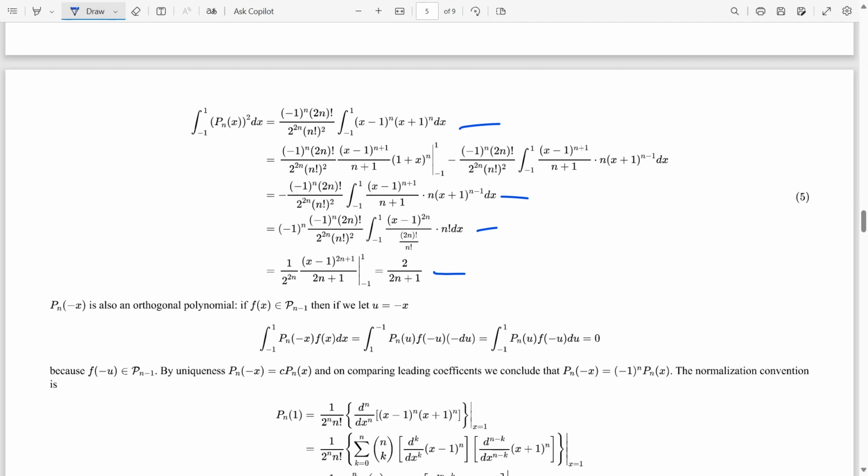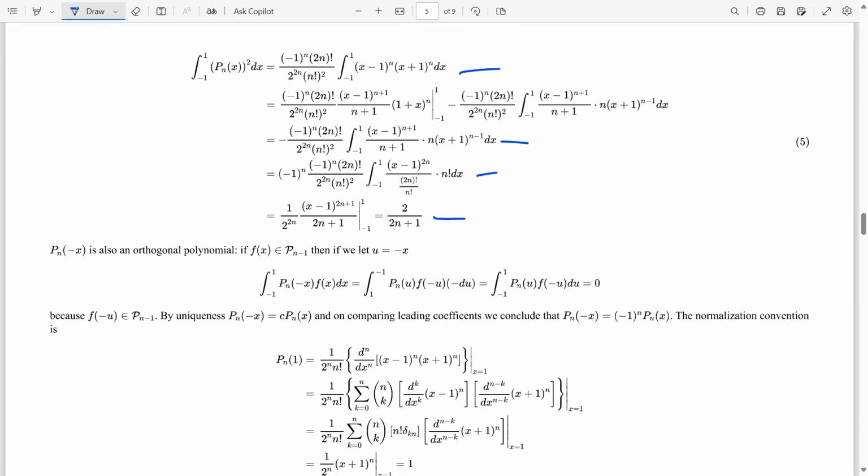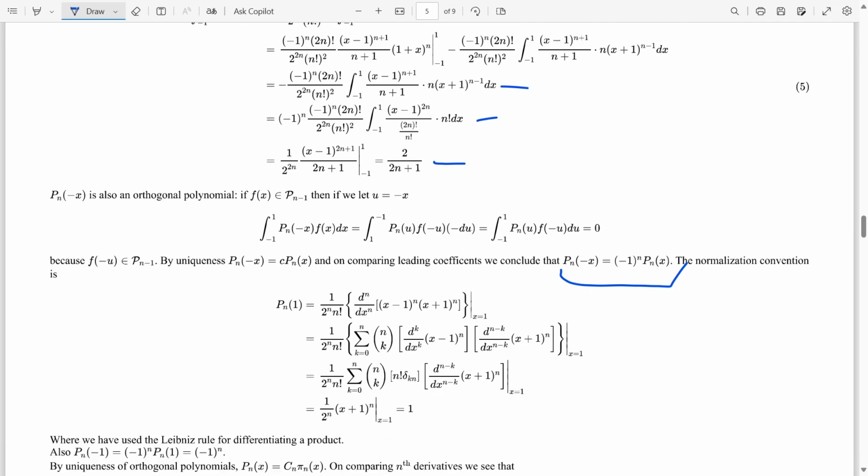We can show in a couple of lines that Pn of x has definite parity. To find Pn of 1, we start with the Rodrigues formula factored like this, and then apply the Leibniz rule for differentiating a product, and eventually conclude that Pn of 1 is 1.